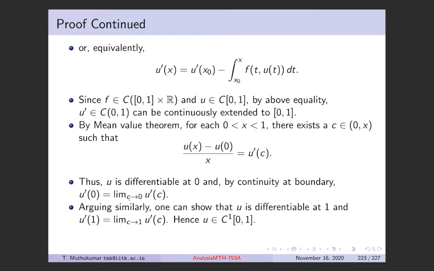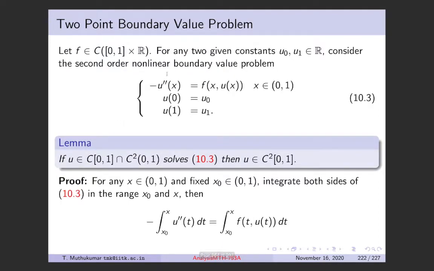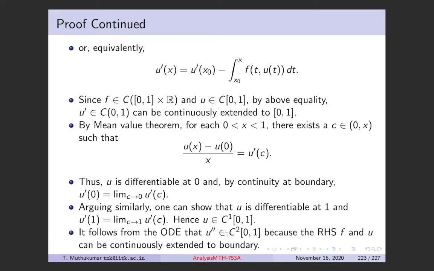Now you do the same thing using the ODE, right? We have this ODE here now. Use this ODE, use the continuity of f in both the arguments, and using that one can show that u prime, so sorry, this is a typo here. What I want to say is u is C^2[0,1], or u prime is C^1[0,1]. Okay, this is a typo; one should not have the double derivative here.